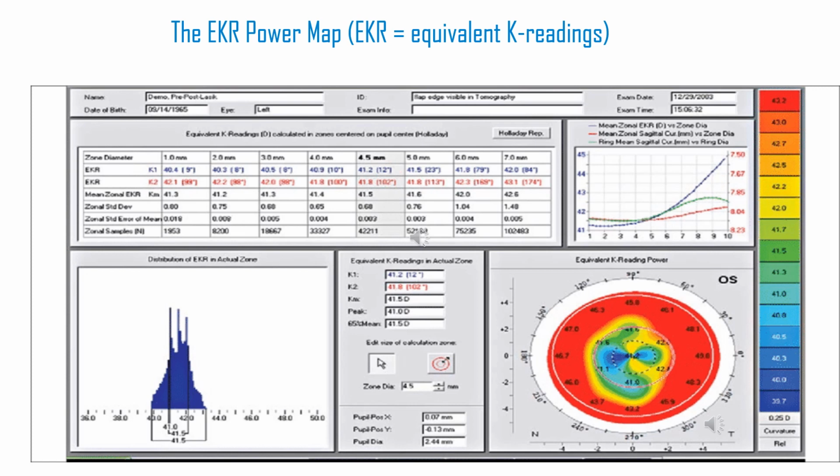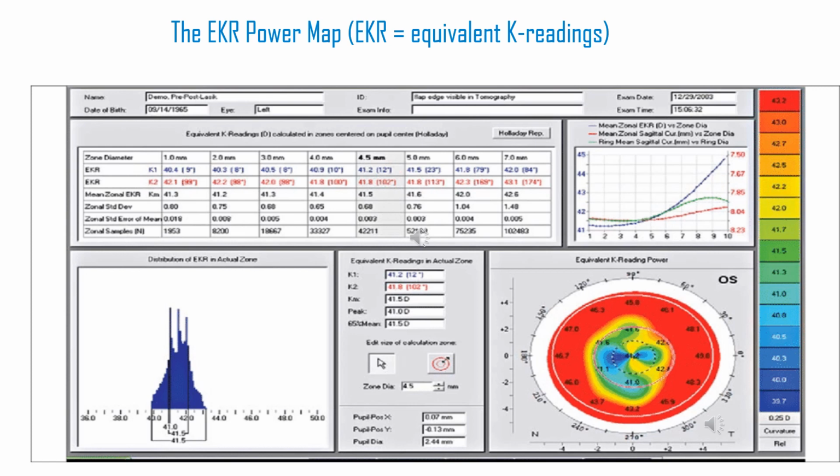So because the EKR power map considers the radius of curvature of both anterior and posterior surface, while at the same time matching the output one would obtain from an untreated cornea, assuming the historical refractive index of 1.3375, its output can be used in IOL formulas, not in myopic Lasik formulas, but in a normal IOL formula, because this output has been matched in such a way that it reflects an untreated cornea.